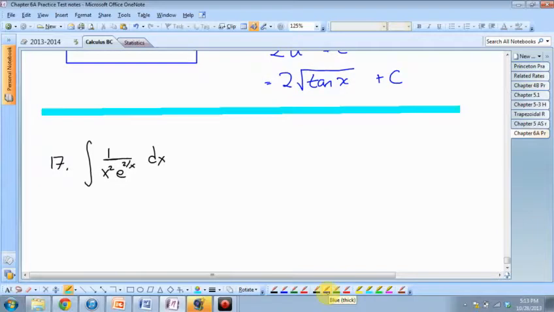Right, so this one seems kind of difficult, but I think the key here is to notice that this is the integral of 1 over x squared e to the 2 over x, and to rewrite this integral. That's key. Once you do that, hopefully you can see that the derivative of 2 over x is something over x squared.